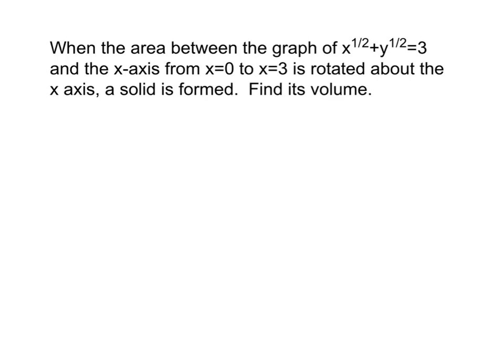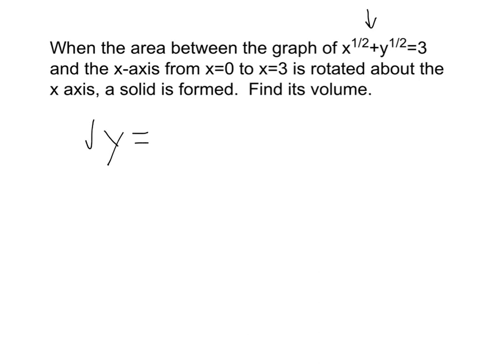When looking at number 8, you may not recognize this graph: x to the 1/2 plus y to the 1/2 equals 3. That's certainly not a common parent function that most students will recognize right away. So I'm going to do this one pretending like I have no idea what this graph looks like. Well, I know that I could get y all by itself.